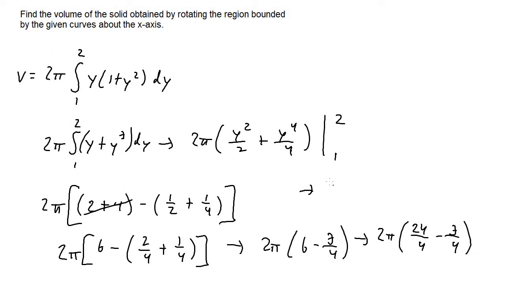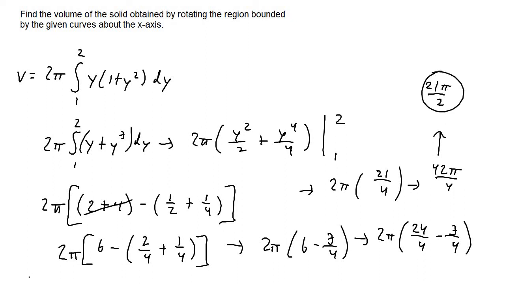So then we have 2 pi times 24 minus 3 is 21, so we get 21 over 4. Now 21 times 2 is going to be 42, so we have 42 pi over 4, which will simplify down to 21 pi over 2. And that's the final answer.